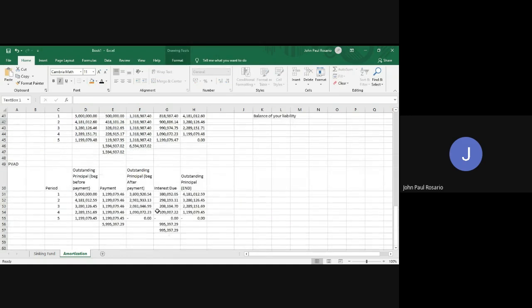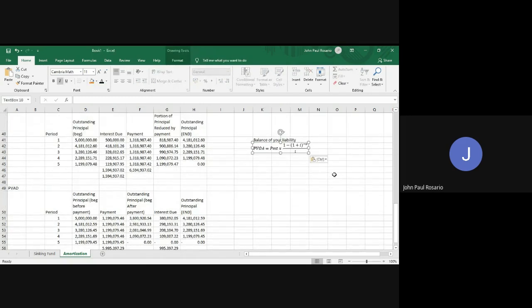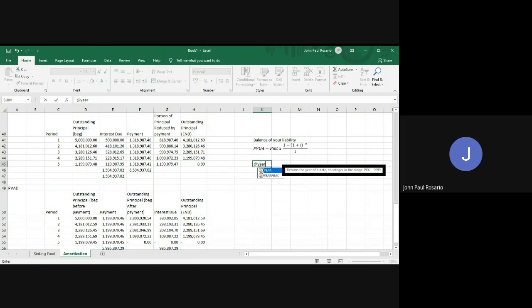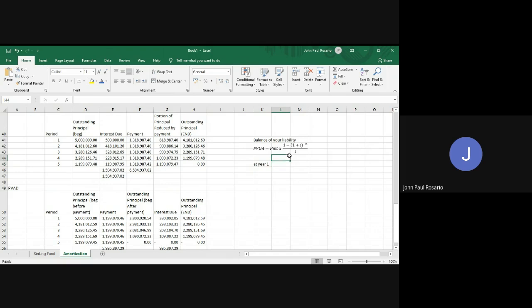Okay, and then for example, at year one, for this we simply have to substitute. You simply now have to compute at the end of year one.